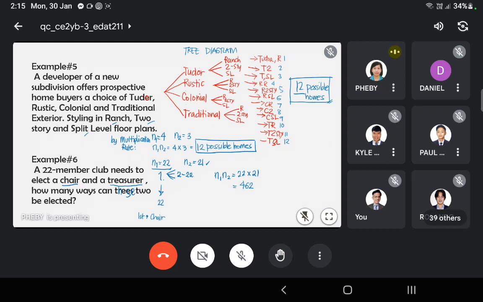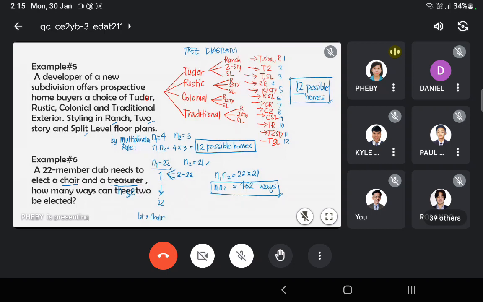at saka, kunwari, kung si 1 ang boboto, sino ang iboboto niya, di ba? Pwede niyang iboto is 2 to 22. So, ganun siya. Okay. So, ito yung sagot sa number.